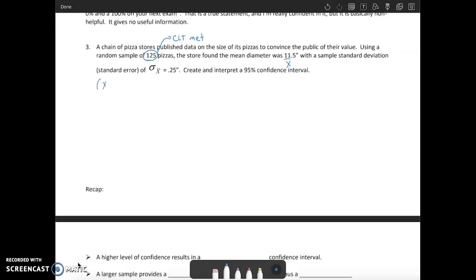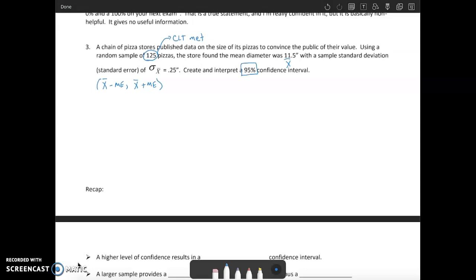We know that our confidence interval can be built by going x bar minus the margin of error to x bar plus the margin of error, but we don't have the margin of error. Margin of error and the standard error are different things. In order to create the margin of error, you want to look at your confidence level.